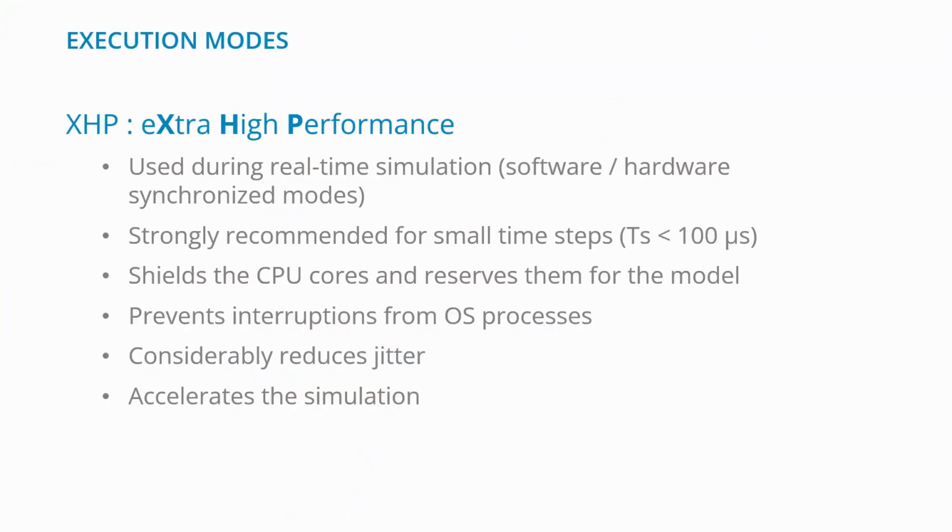This is strongly recommended when the simulation time step is less than 100 microseconds. The XHP setting shields the CPU cores from other processes and reserves them for the model's subsystem. It greatly reduces jitter and the CPU usage of the simulation.